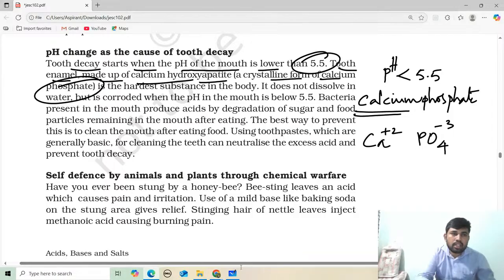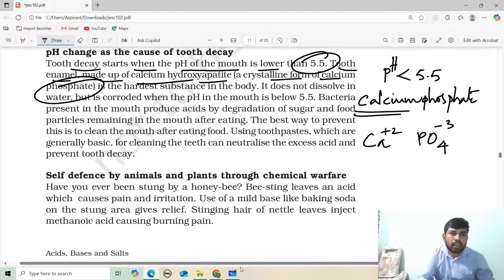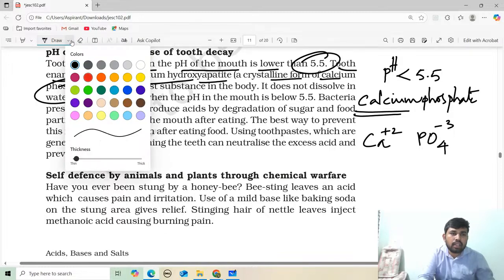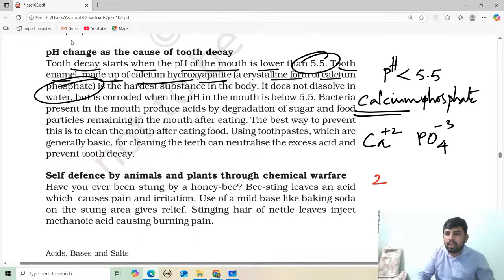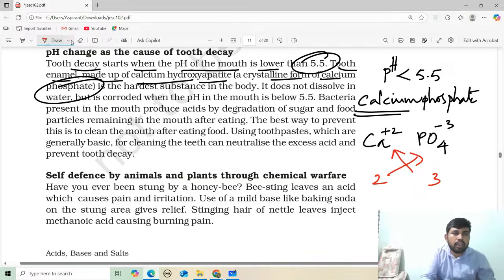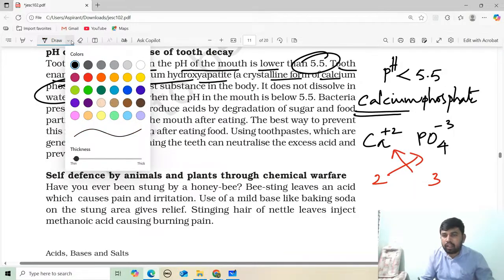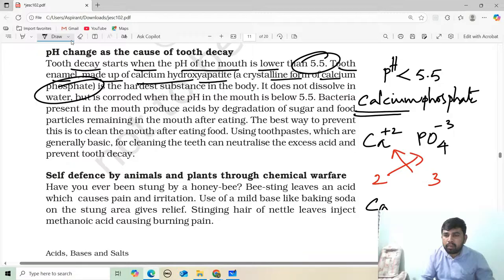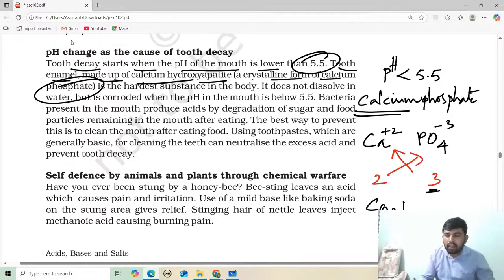Take this charge as valency: 2 is the valency and 3 is the valency. Exchange these numbers, then we get the formula: Ca 3 times, Ca3, PO4 taken in brackets, 2 times.